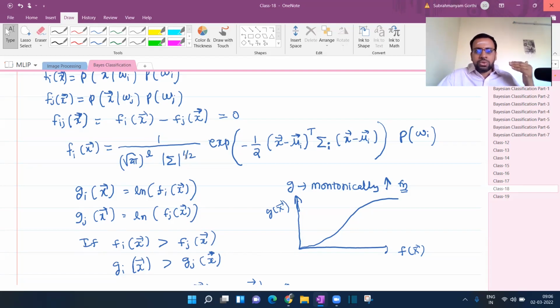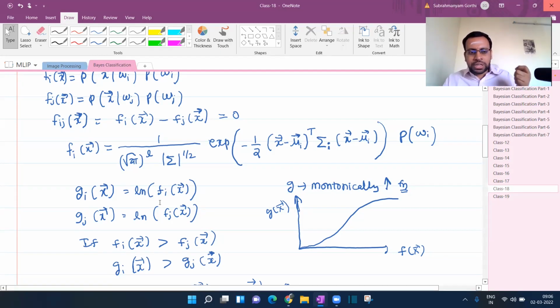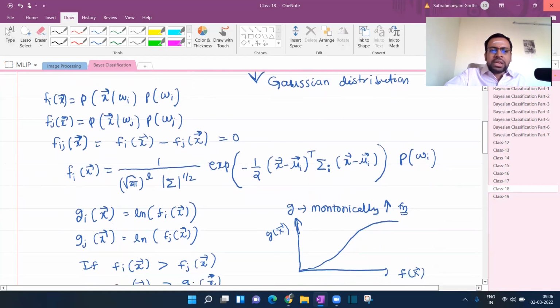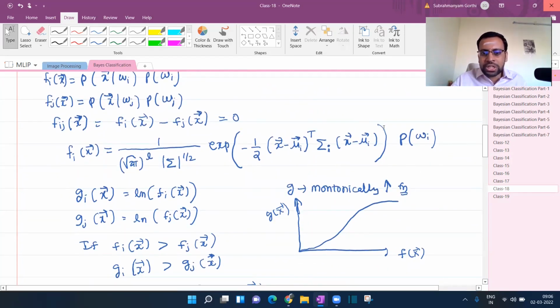So we want to apply on these Fi of x bar, Fj of x bar some monotonically increasing function which is easy to calculate and has certain advantages in terms of calculations or complexity. One such simple example in the current case is to simply take a logarithm of it, so that the exponential function comes out and you get a simple expression.